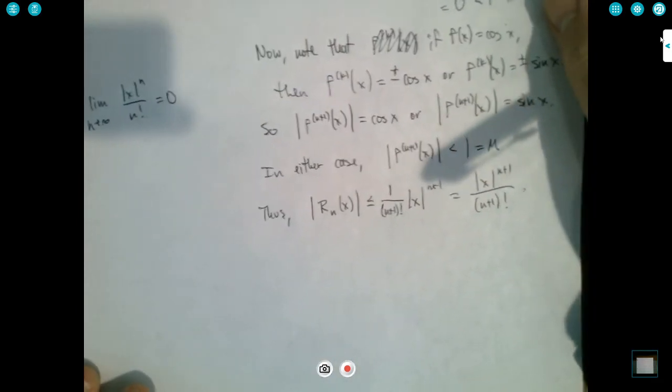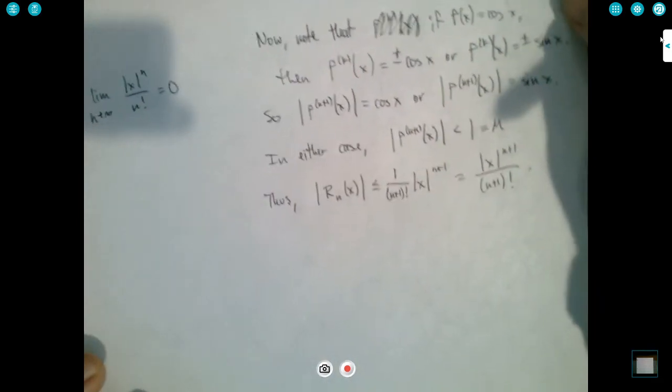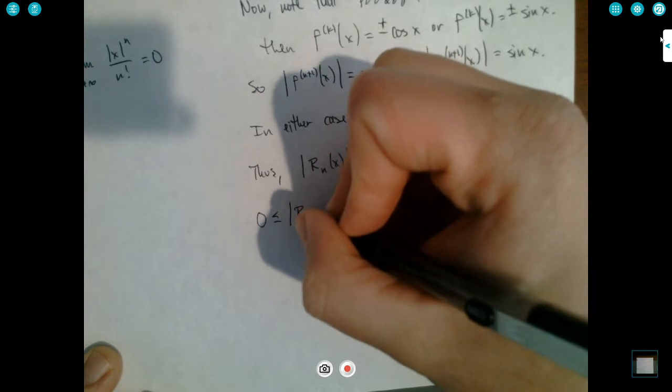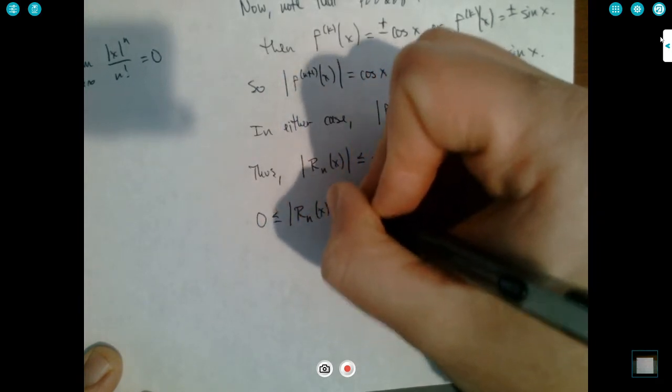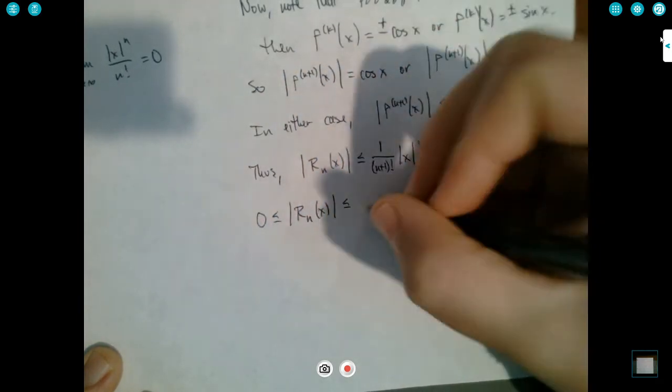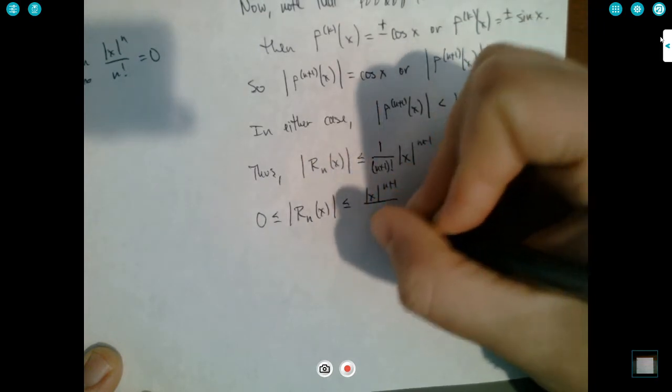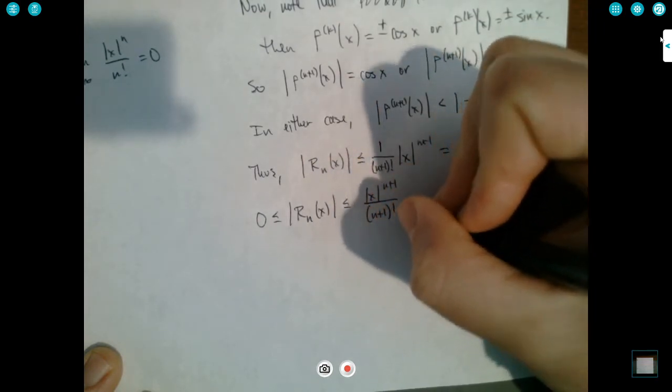Now, how does that help us? Well, it helps us because of the squeeze theorem. So we can say 0 is less than or equal to the absolute value of the remainder, which is less than or equal to the absolute value of x to the n plus 1 over n plus 1 factorial.